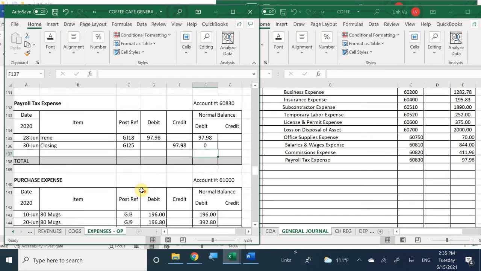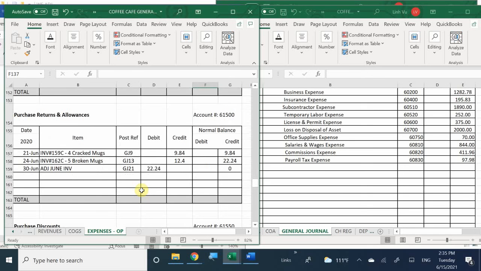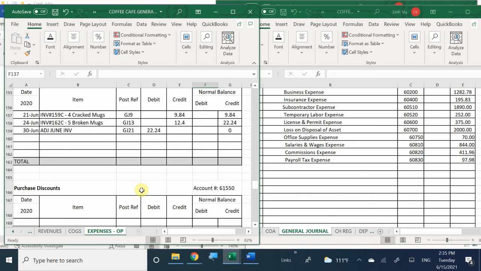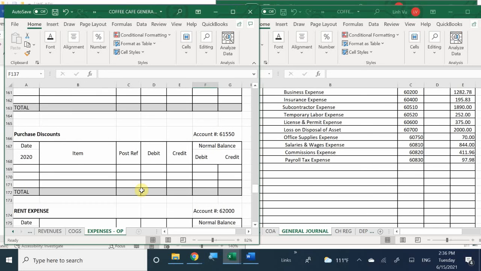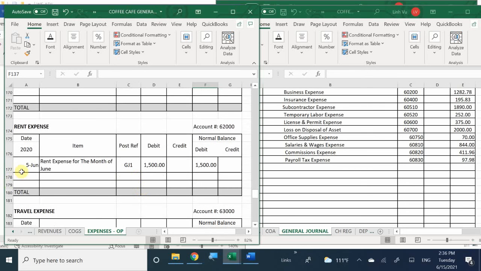Purchase expenses already zeroed out, good. Purchase returns and allowances zeroed out. Yes, it is. Looks like we'll go down to rent expense, for a credit of 1,500.